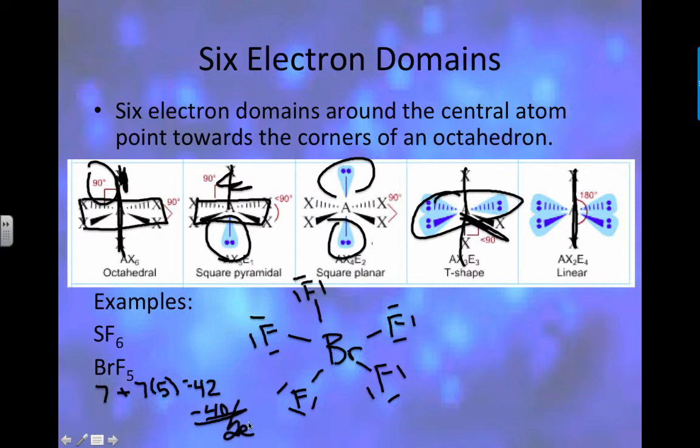So where should we put them? Well, I can't make multiple bonds with fluorine, and I can't fit any more around the fluorines. It's going to have to go right here on my bromine. So here's a non-bonding pair of electrons that are going to take up a lot of space. So my shape becomes one that has 5 bonding pairs and 1 lone pair. That's going to result in the square pyramidal shape.